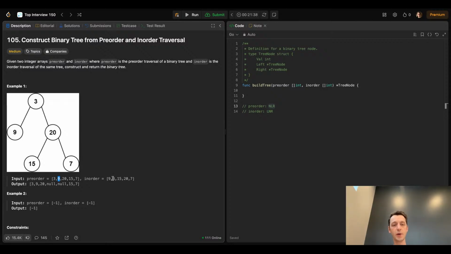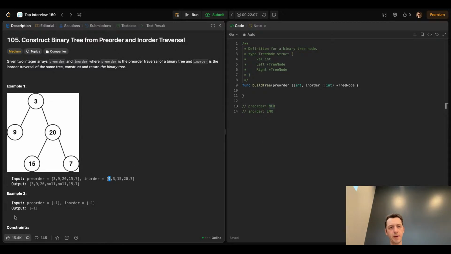That's why I will look at the inorder, and we'll look at 3. We need to find it though. I mean, we can look at 9 and see what it is.